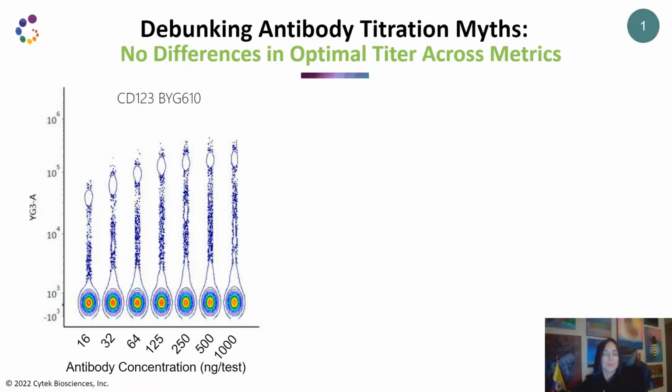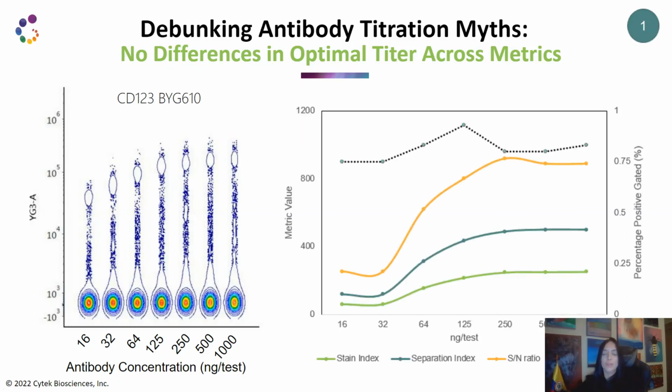So what if I have a marker that is not that highly expressed? Not a lot of cells are expressing it, like CD123. So what we are seeing is a titration from 16 to 1,000 nanograms per test, and now showing you the metrics. Percentage of positivity, so you see on the secondary y-axis is less than 1. So it's a different situation than CD4. But still, 16 nanograms can still give you a good estimation of that percentage, so not that helpful there.